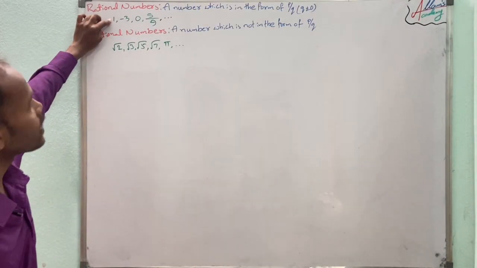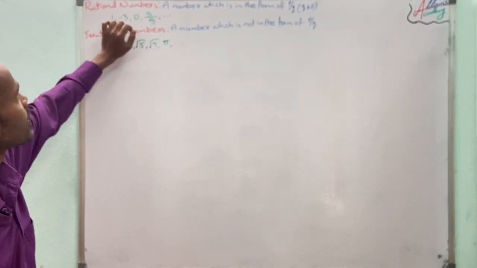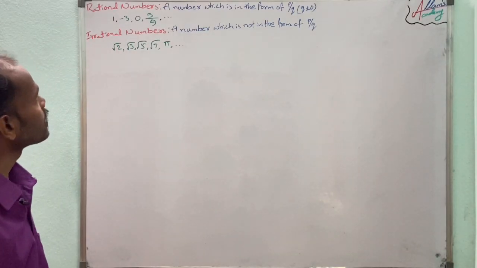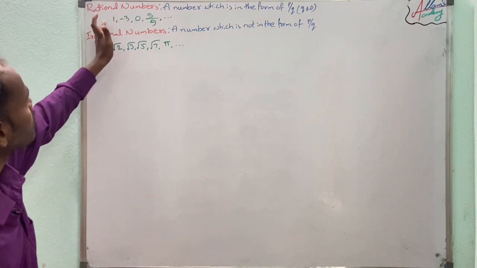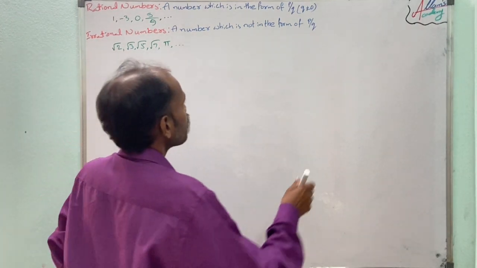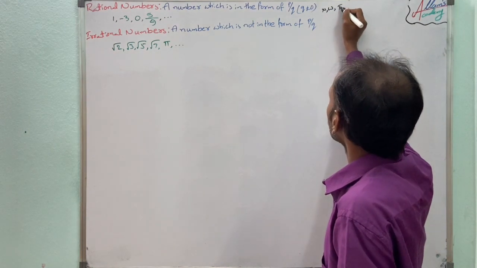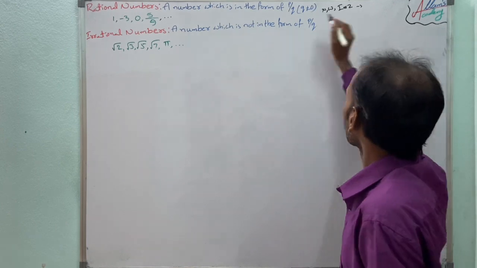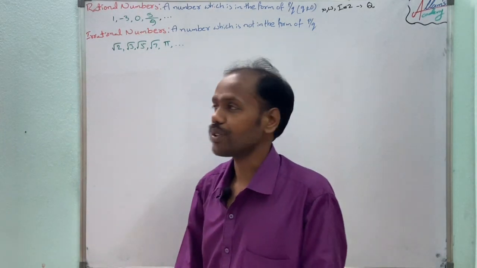So now 1 is natural number, minus 3 is integer, 0 is integer or whole number, anyone we have to take. So the natural numbers and whole numbers and integers, they all are called as rational numbers. The rational numbers are indicated with the symbol Q.